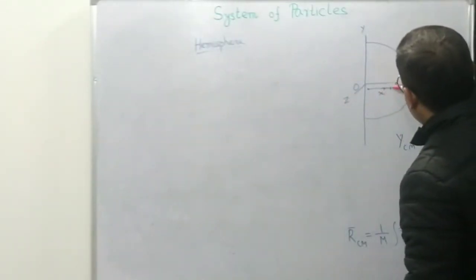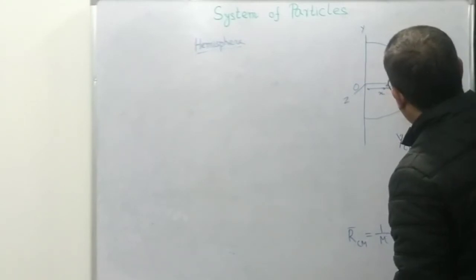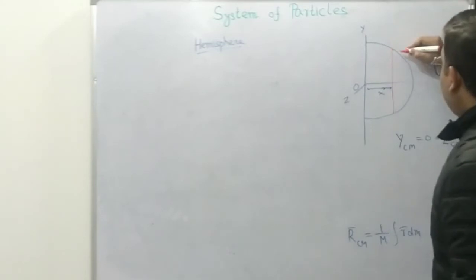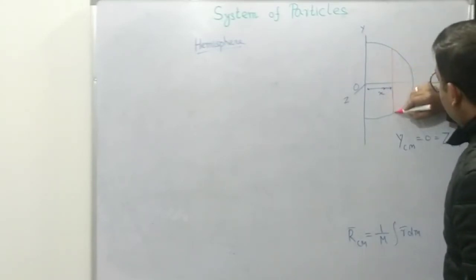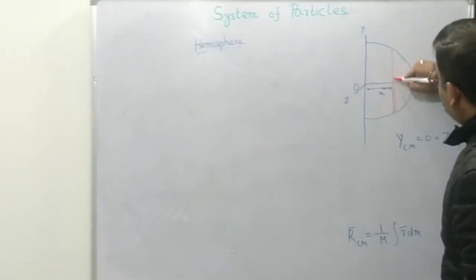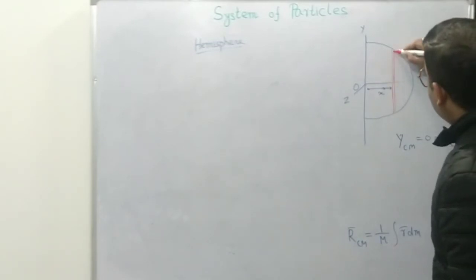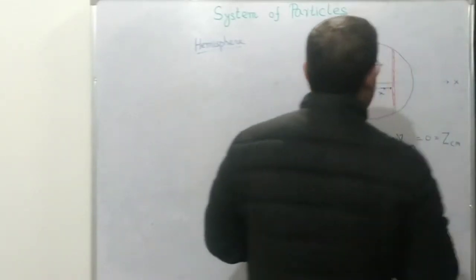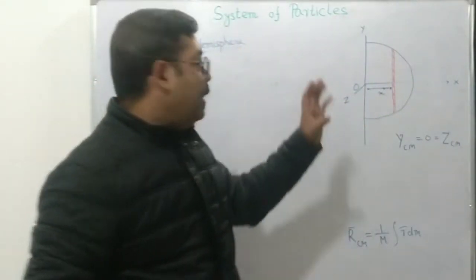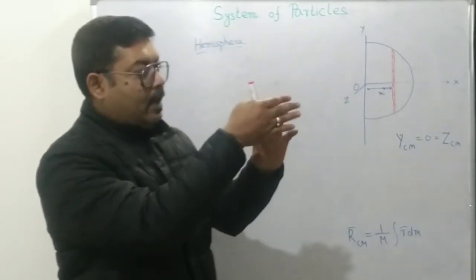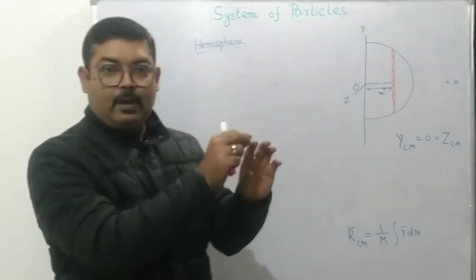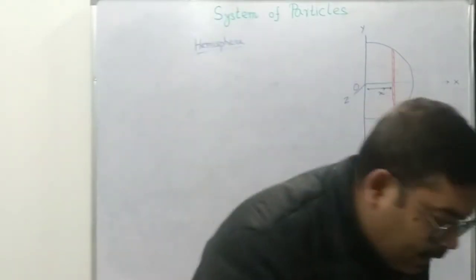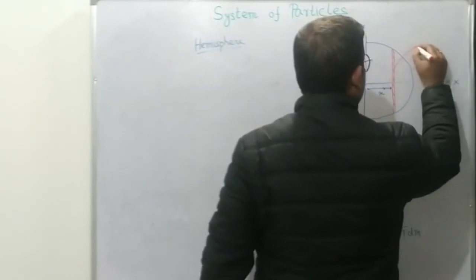So it will be like this. If we want to take an element of thickness dx like this, this element will be in the form of a disk. Can you visualize this? If we take this surface and cut a slice out of it, we'll get the shape of a disk, right? So this will form a disk, and the thickness of this disk is dx.